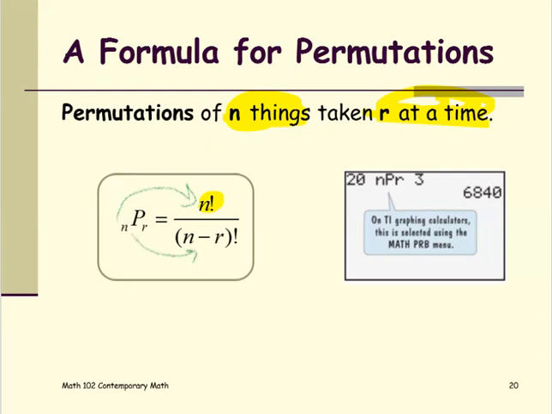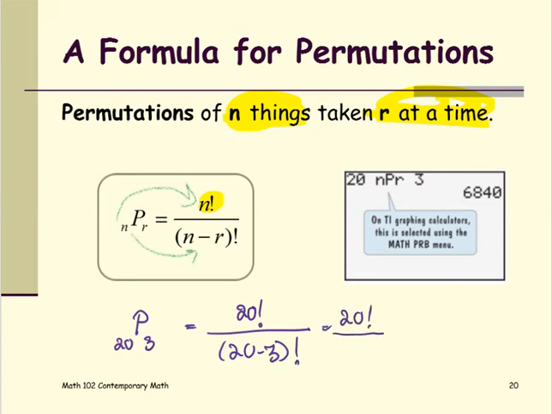For example, if you are going to find the permutation of a group of 20 items, but you take only 3 items, that means you are going to compute 20 factorial divided by 20 minus 3 factorial, which is 20 factorial divided by 17 factorial.